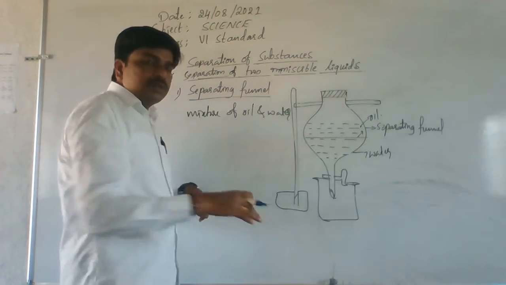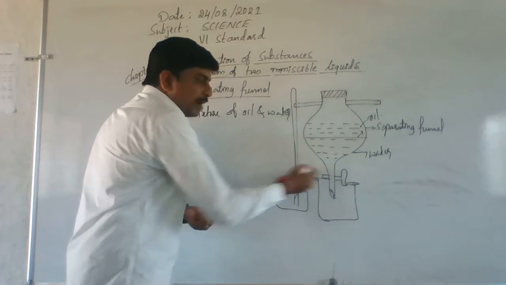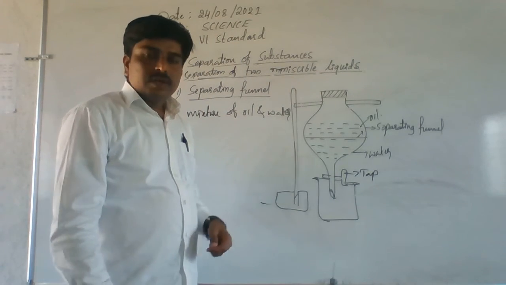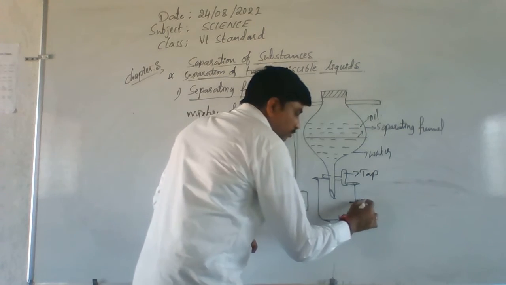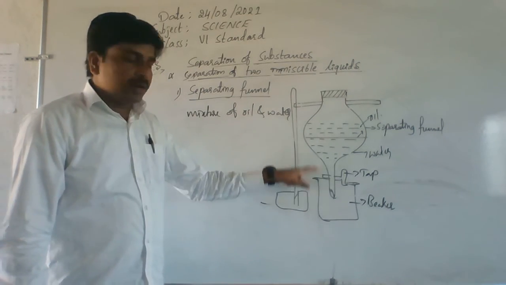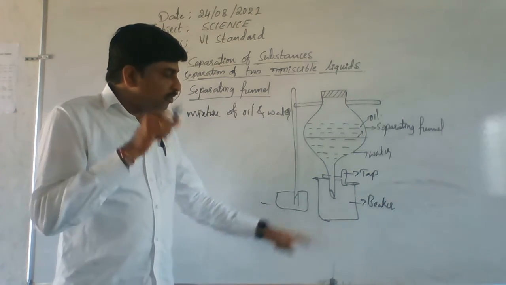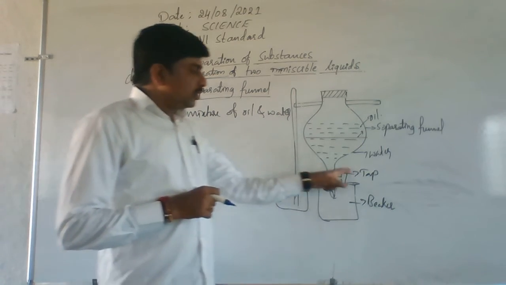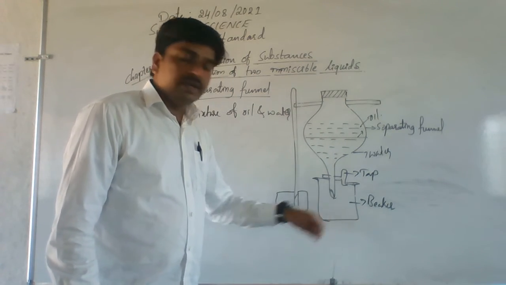When you observe separate layers of oil and water in the separating funnel, there is a tap here. Slowly open that tap, and the water is poured drop by drop into this beaker. Slowly open the tap, then the water starts to fall into the beaker drop by drop.